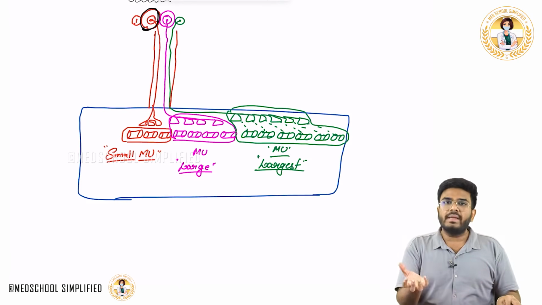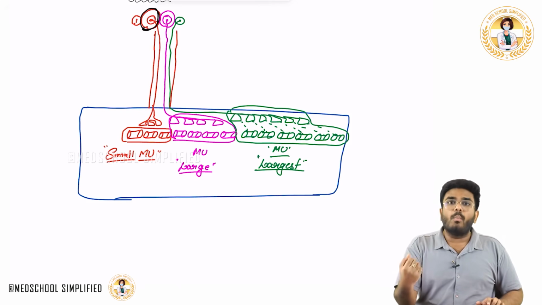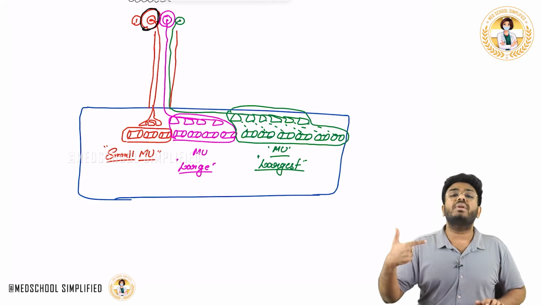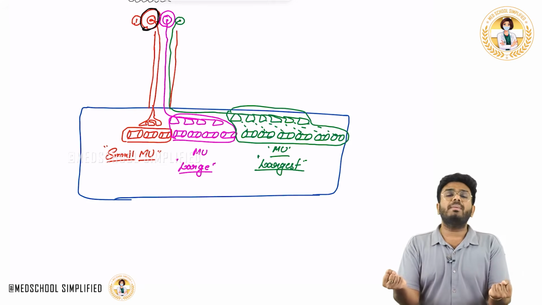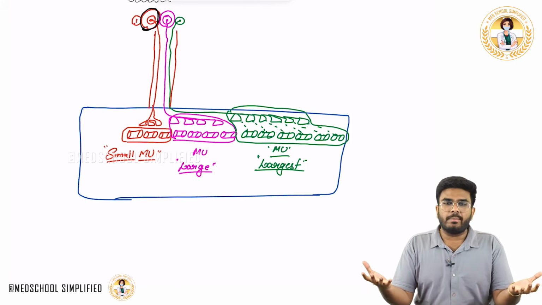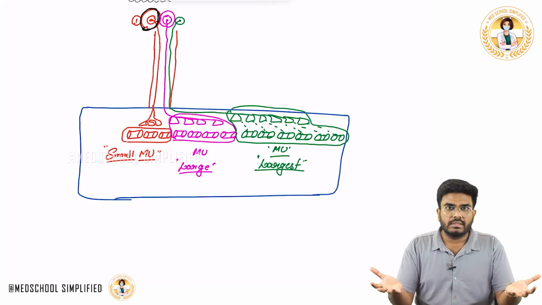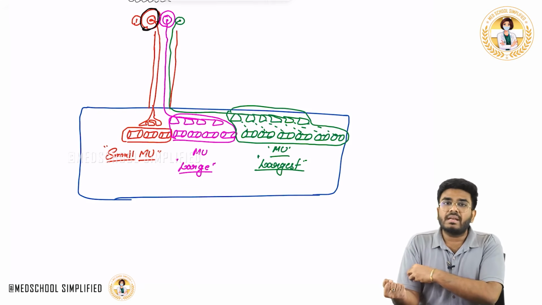If I am holding a big dumbbell, now more number of motor units are required. A large motor unit is required. Imagine I am holding a very big thing, a very big boulder, a big rock. Now even more number of muscle fibers are required.